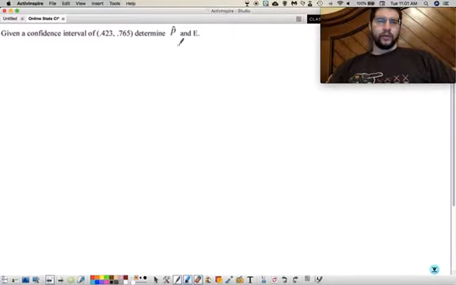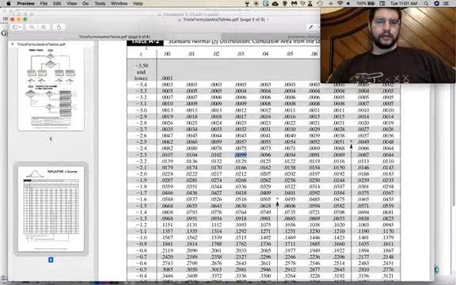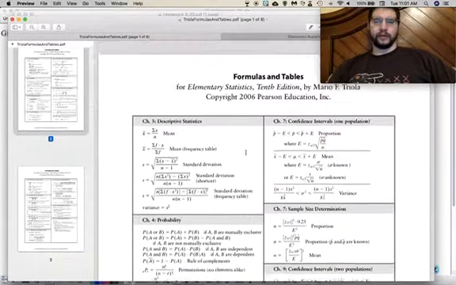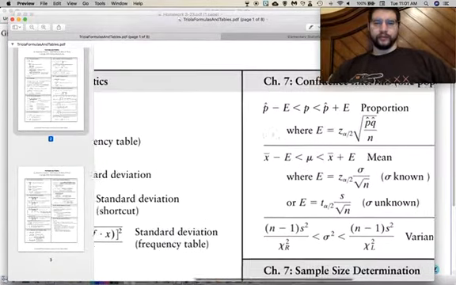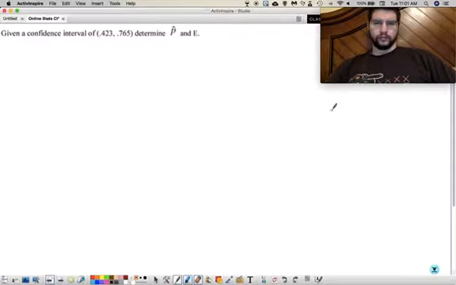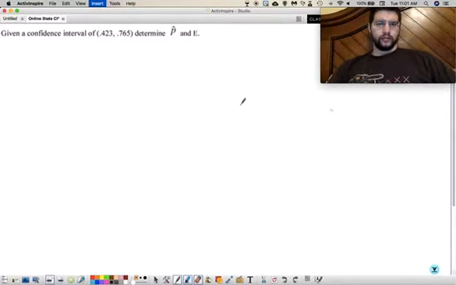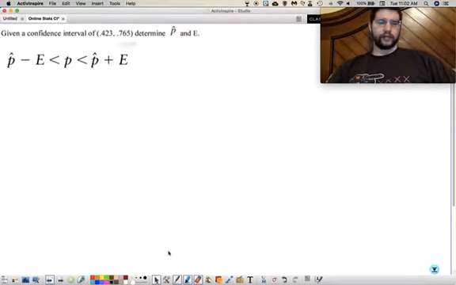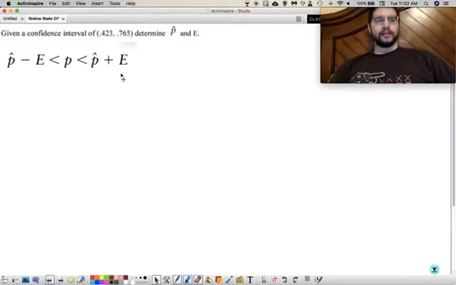Lastly, we need to find P hat and E given our confidence interval. So here's my confidence interval formula. If I add these two together, the E's cancel and I'll have two P hats.